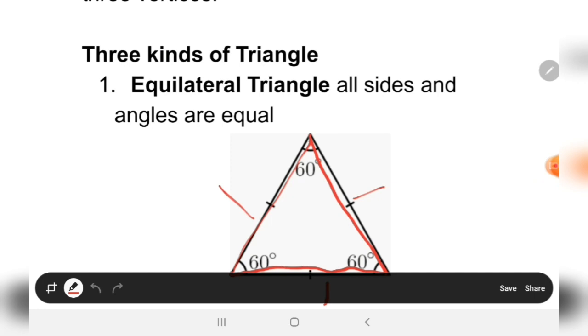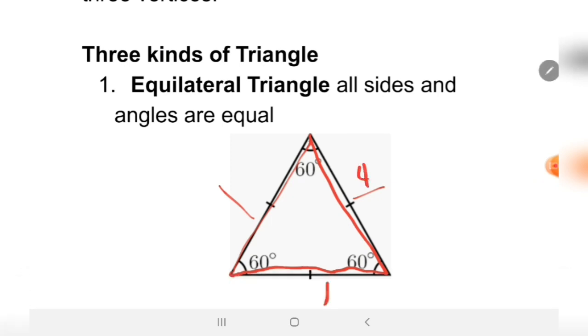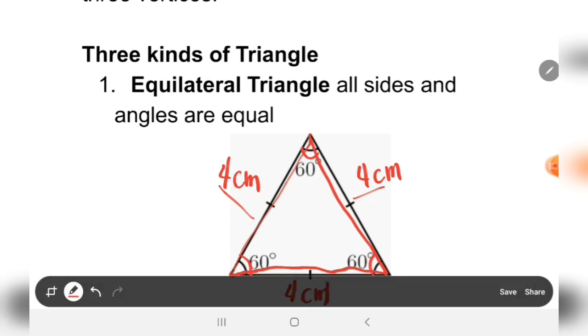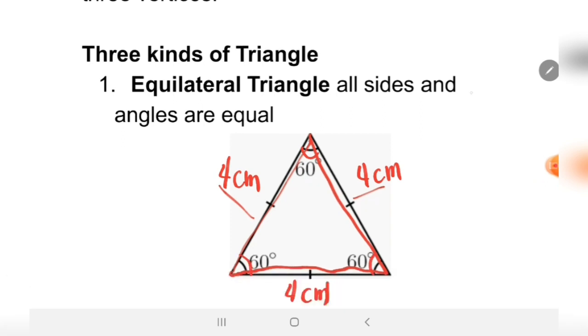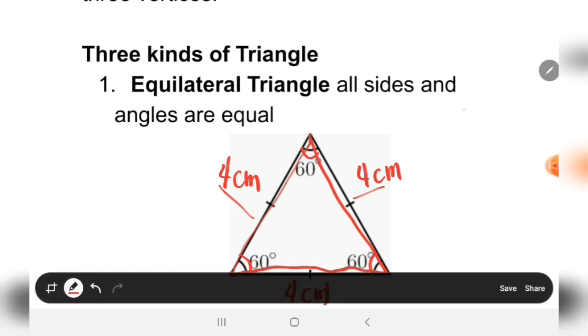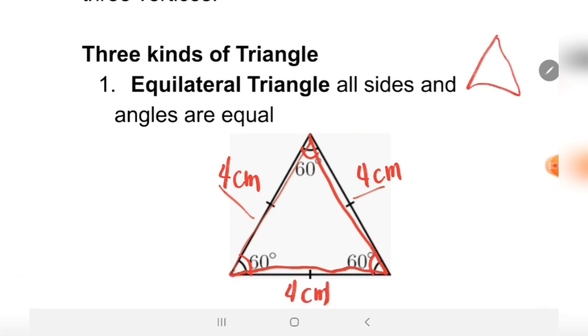For example, the first side measures 4 centimeters. Then the second side is also 4 centimeters, and the third side is 4 centimeters. Then all the angles are equal, and that is 60 degrees. Why 60 degrees?